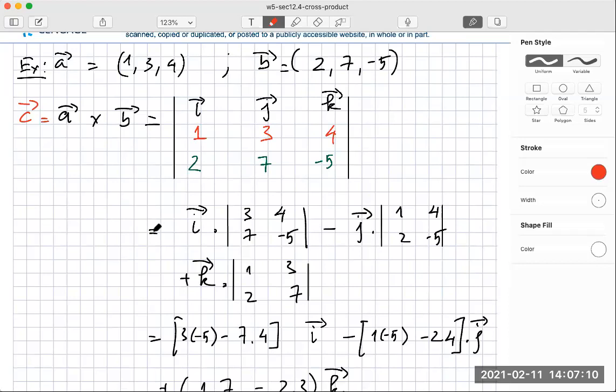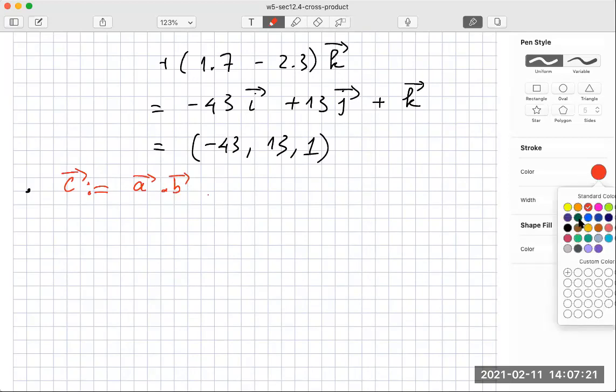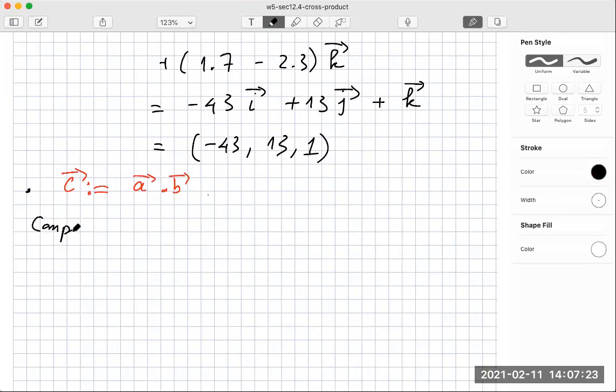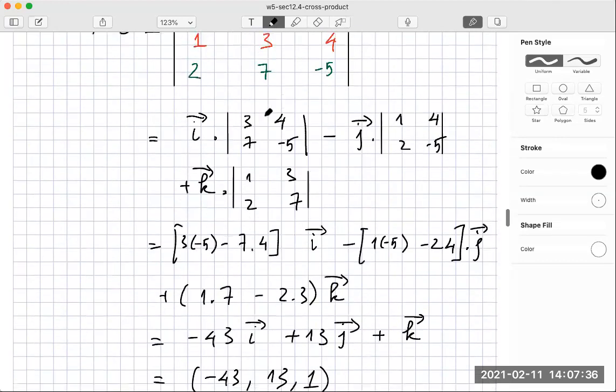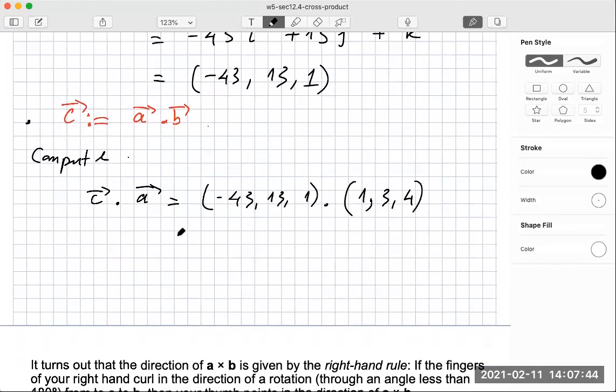Just define C as A cross B. If C is A cross B, now let us compute C dot A. What do we have? A is 1, 3, 4. Okay, dot product of these two. And what is it? What do we have?